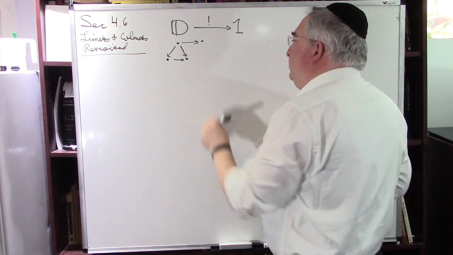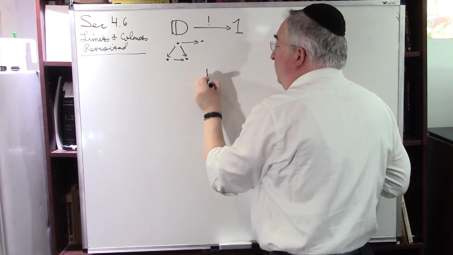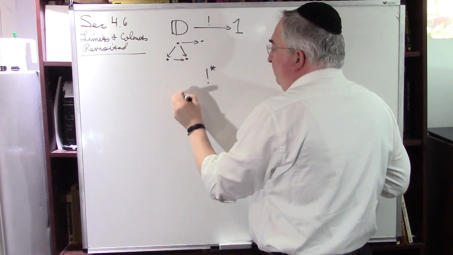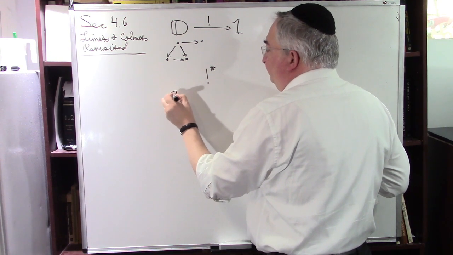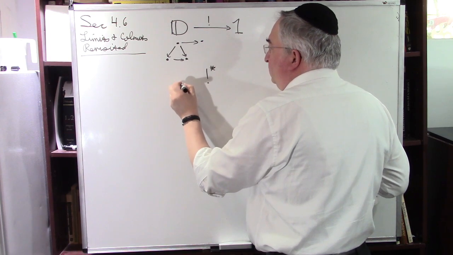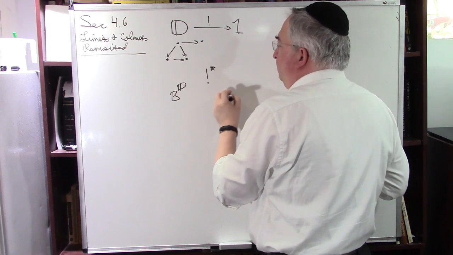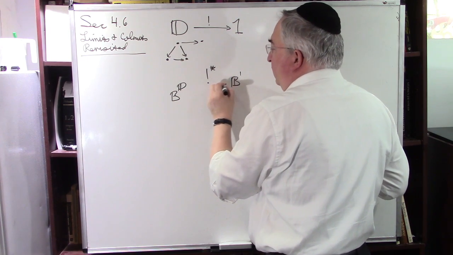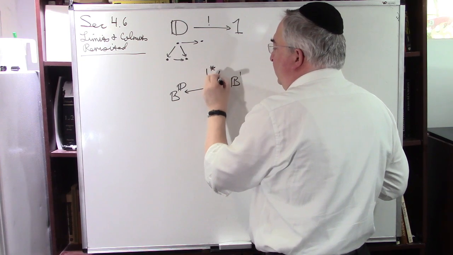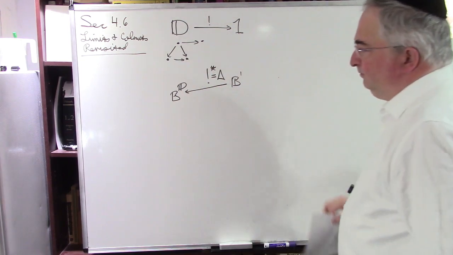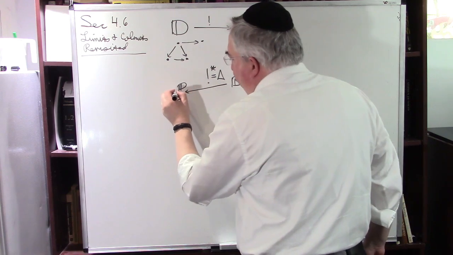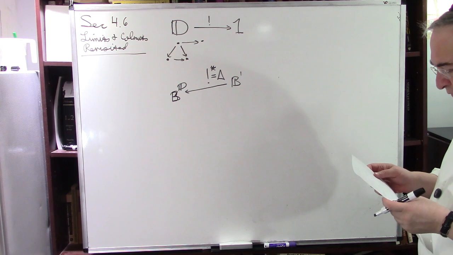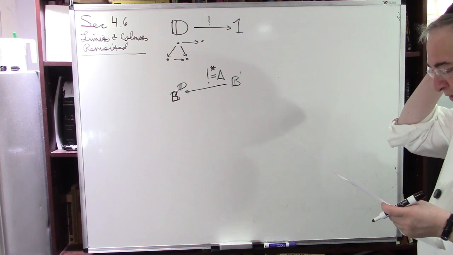But what we're interested in is the contravariant version of that, and that goes from B to D. And B to 1, and this goes the other way. We call that delta, and that is the diagonal map, basically. So we're going to have to use that.